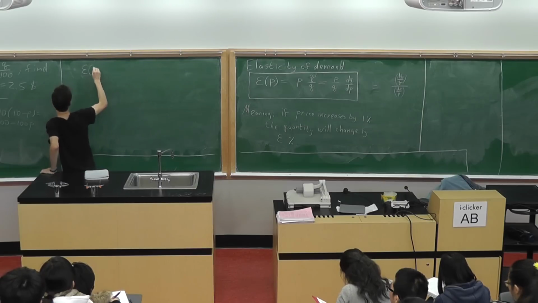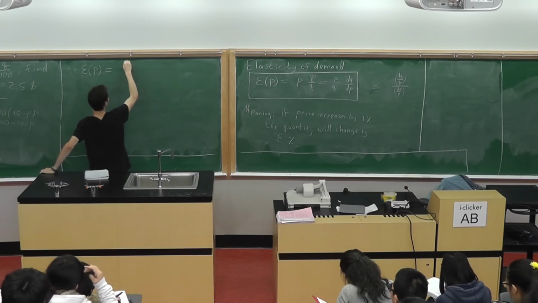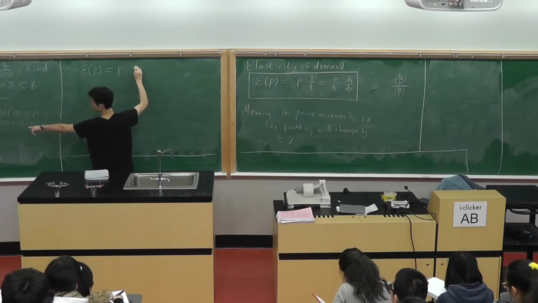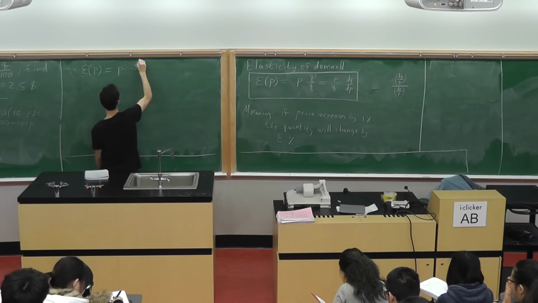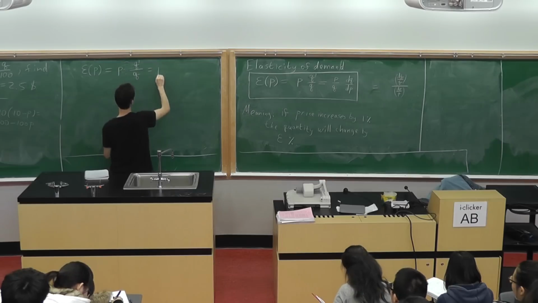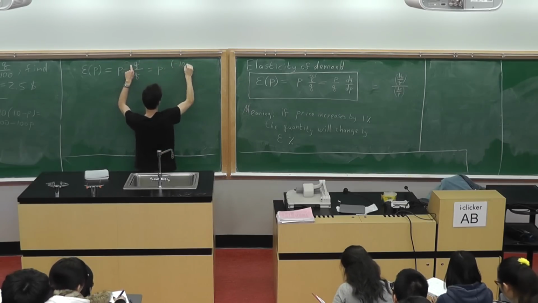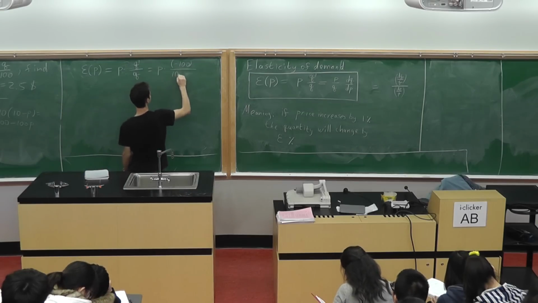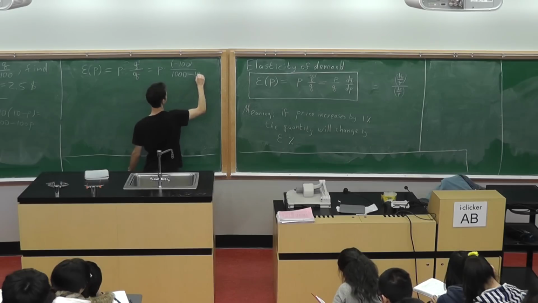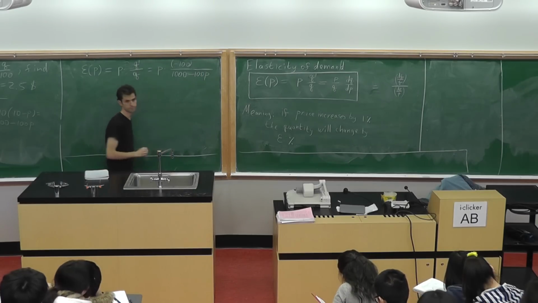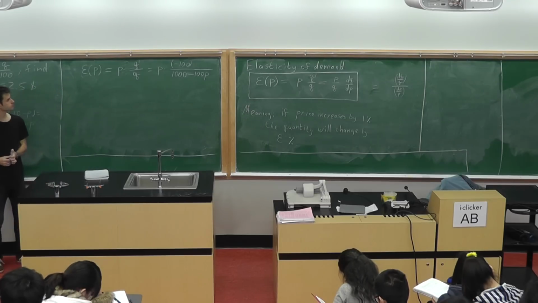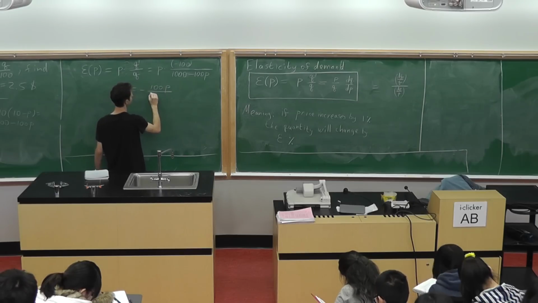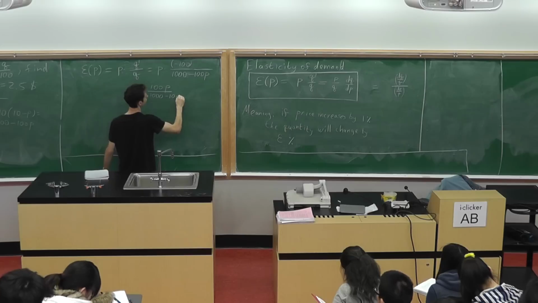So elasticity at price P is P times Q prime divided by Q. So it is P times minus 100 divided by Q, which is 1000 minus 100P. It is minus 100P divided by 1000 minus 100P.